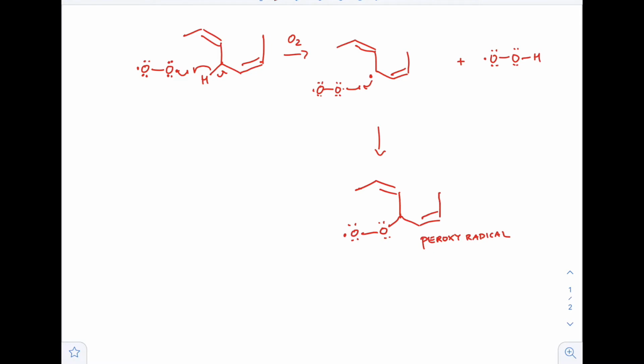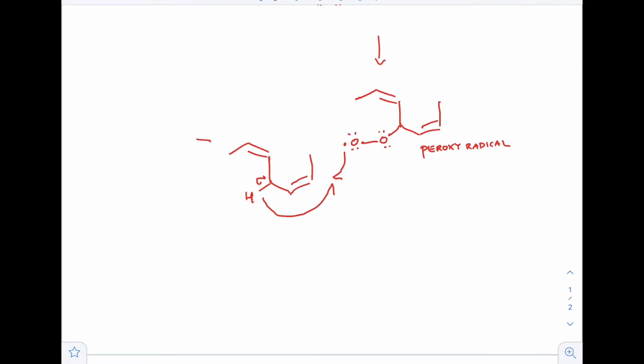Okay. Now, it's still a radical, right? So this is a very reactive species that can propagate this oxidation process of the lipid, the unsaturated lipid. It can swoop on another hydrogen atom of another fat or lipid and create that allylic radical.